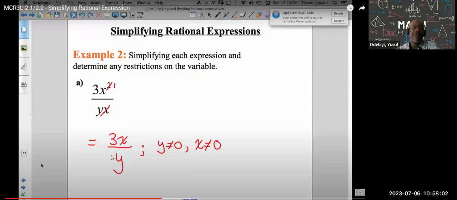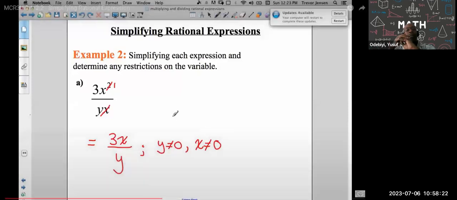And why we say x, even though the final answer has no x at the bottom, we go back to the original question. Over here, you have y and x. Both y and x cannot equal to 0. Even though your final answer shows just y at the bottom, x was there at the beginning. Here's our simplified expression. Here's our restrictions on the denominator.